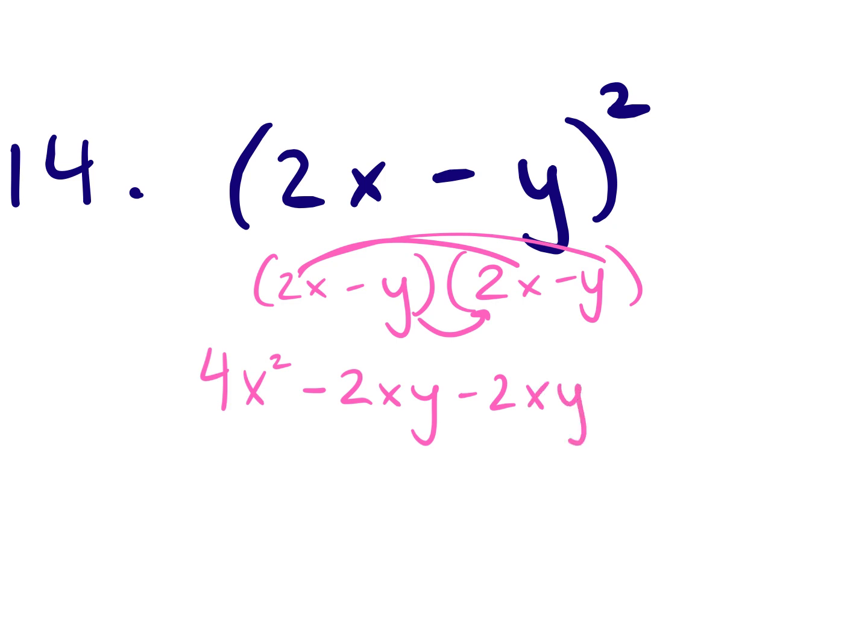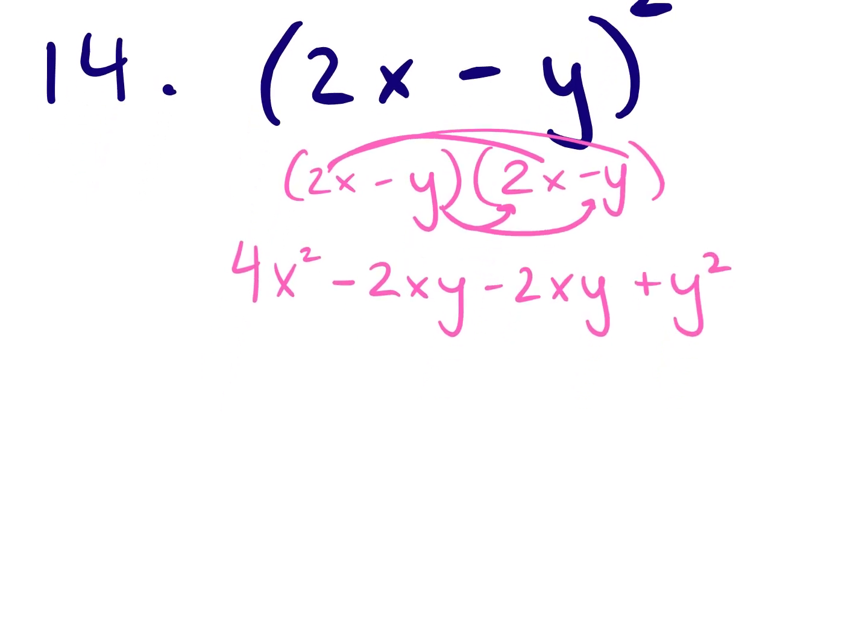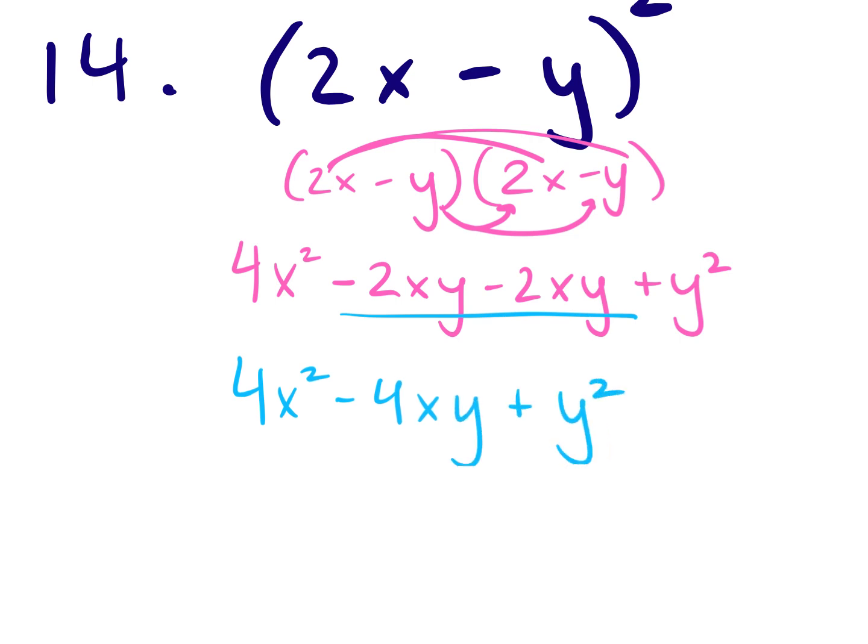Negative 2xy. And negative y times negative y? Positive y to the second power. Perfect. What's the last step? Combine like terms. So we're going to start with 4x squared. What's negative 2xy plus negative 2xy? Negative 4xy. And then plus y squared. Any questions?